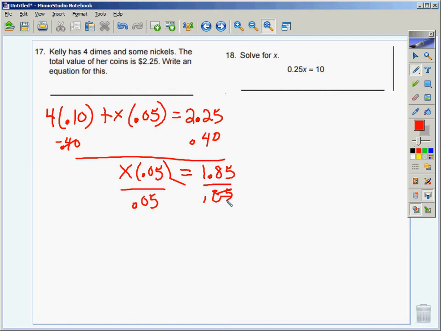When I do that, I am going to get that x is equal to 37. She would have 37 nickels.